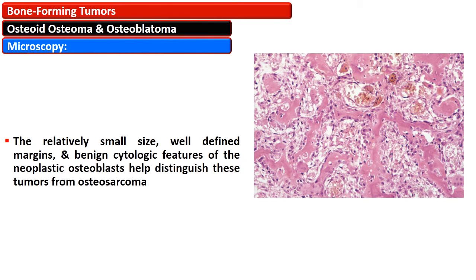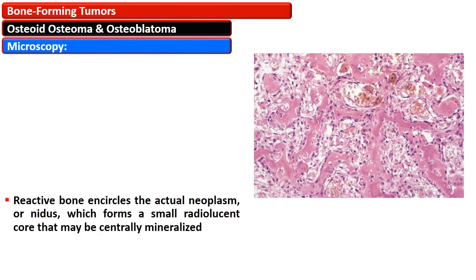The relatively small size, well-defined margins, and benign cytological features of the neoplastic osteoblasts help to distinguish these osteoid osteoma and osteoblastoma from osteosarcoma.